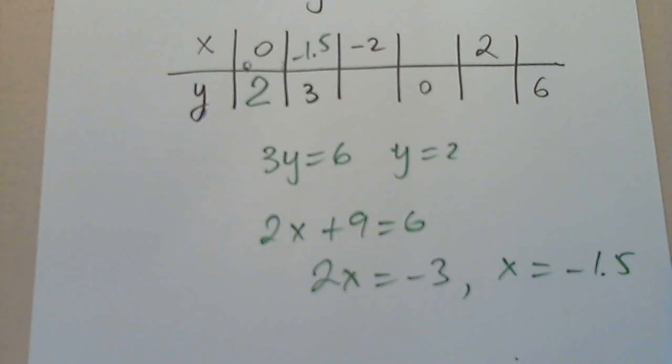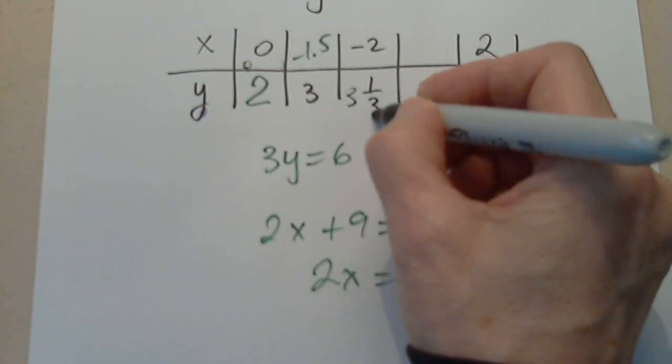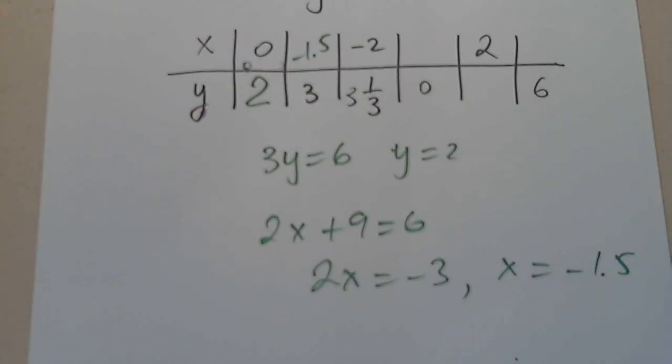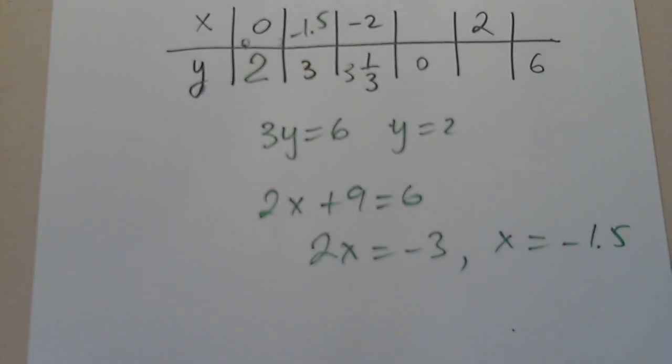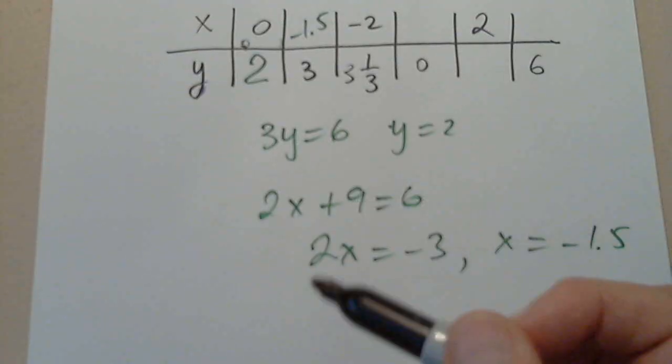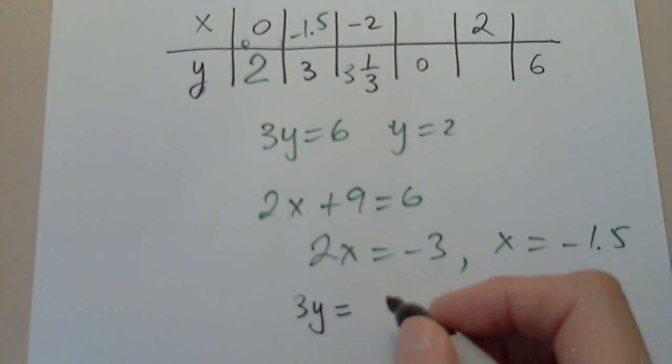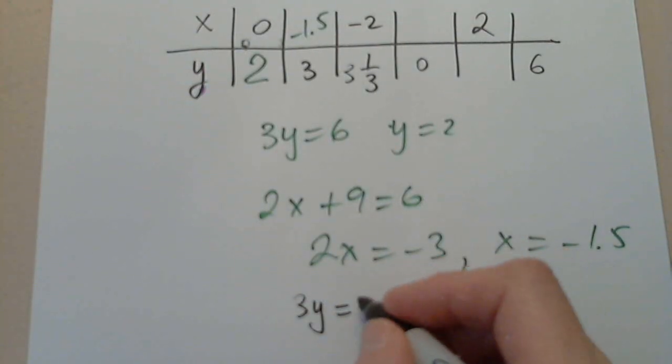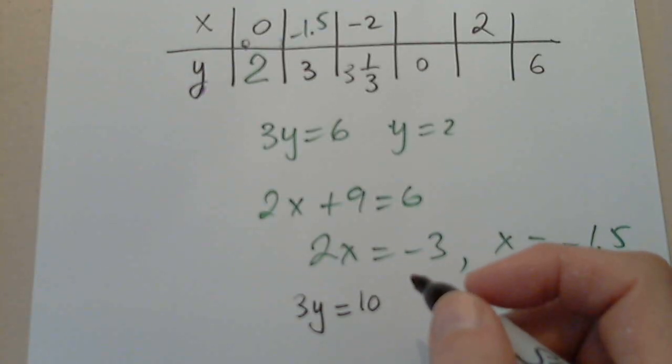Do we have y for x equals -2 or not yet? Three and 1/3. Yeah. Okay. For x equals -2, 3y equals 10, so y is 3 and 1/3.